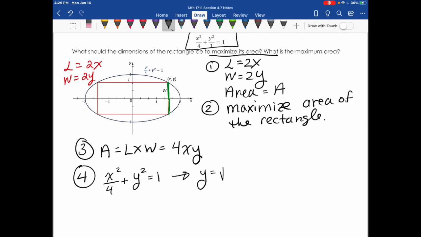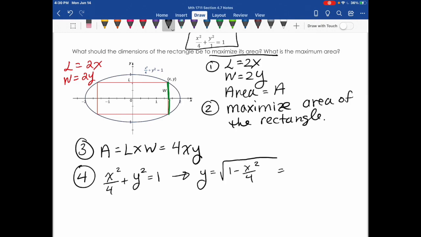When I solve this for y, I'm going to get plus or minus the square root, but I'm not going to use the minus because we're talking about distance here. So I'm just going to keep the positive square root. And then we're going to have 1 minus x squared over 4.